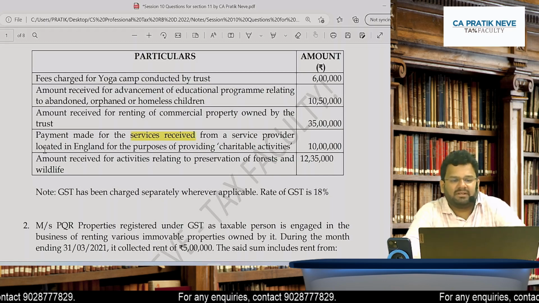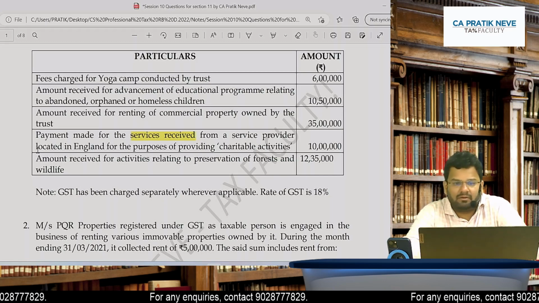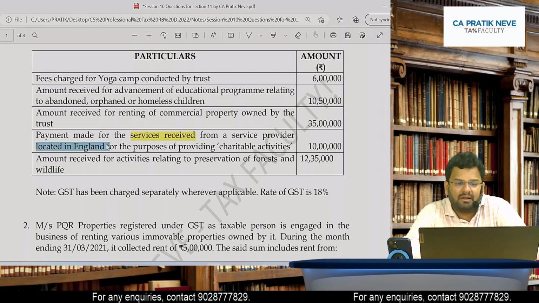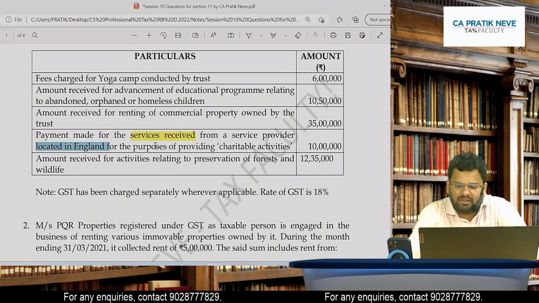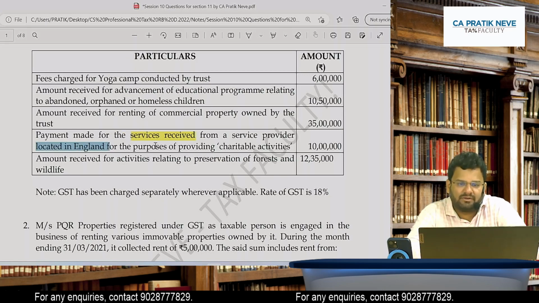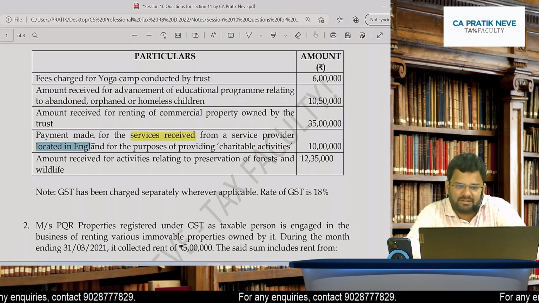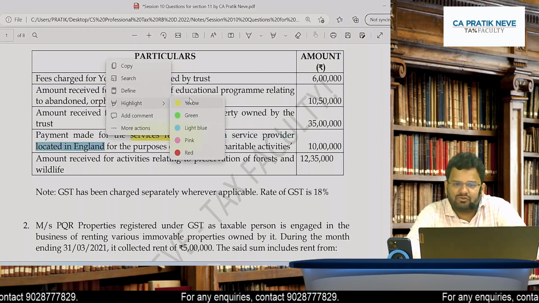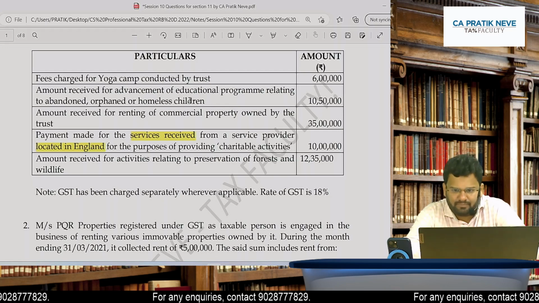It is payment made for services received from a service provider located in England. So this is actually import of service, so it is taxable under reverse charge basis. So this will be considered separately.